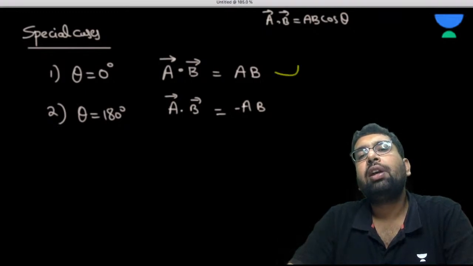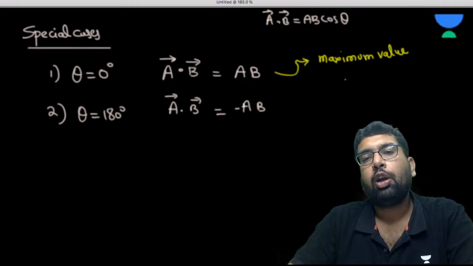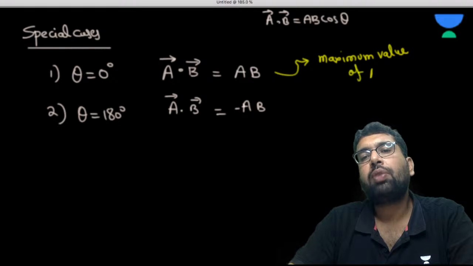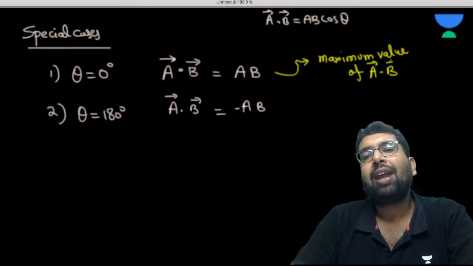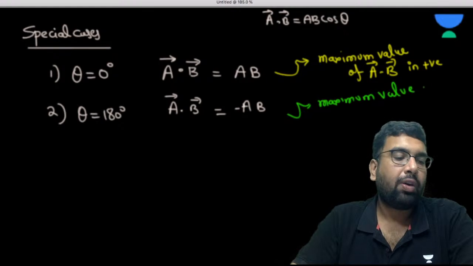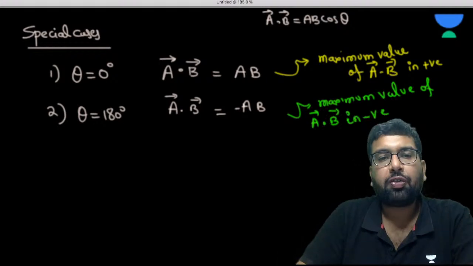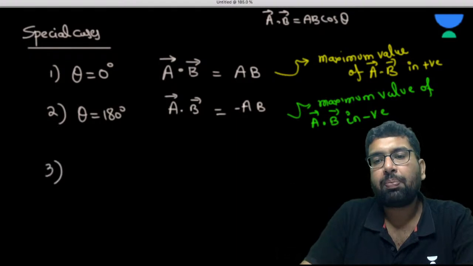These are very important points. So this is the maximum value of the dot product of A and B in the positive, and this is the maximum value of vector A dot vector B in the negative. Do you agree to it or not? Please answer me.